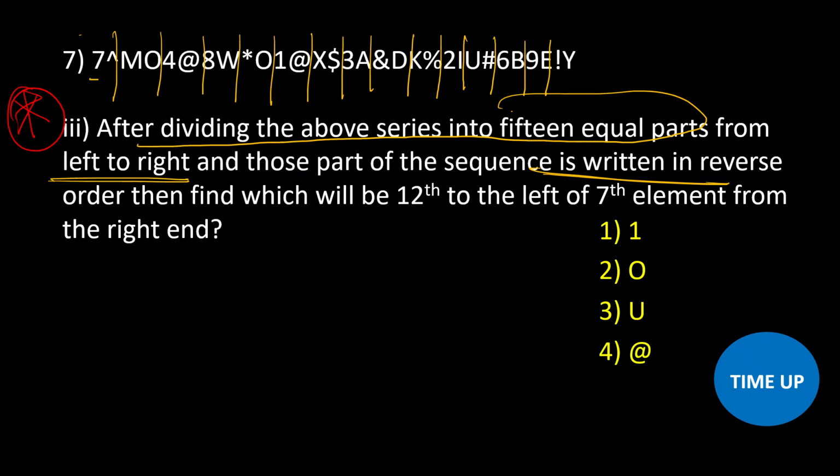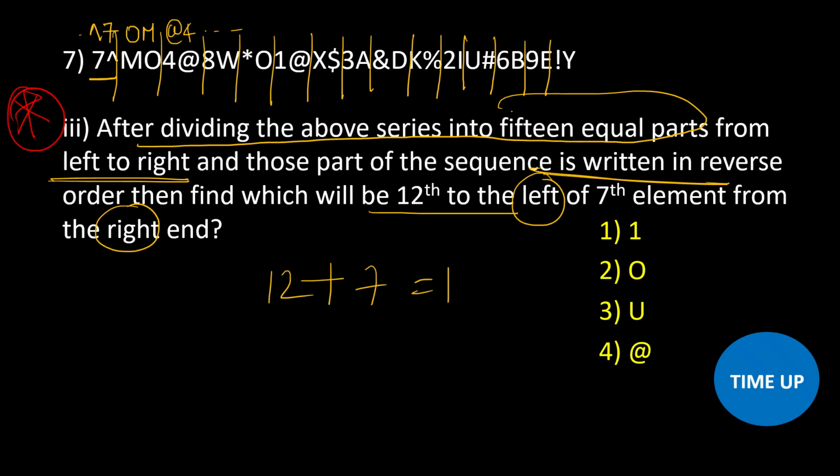So this part, if you see, will interchange their positions. Now what they have said is the 12th to the left of the 7th element from the right end. Left, right is given, so add 12 plus 7, that will be 19 from your right end.